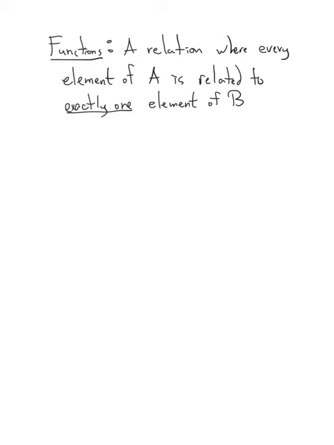So here's our example. We used R, we used S, let's call it T. So let A, again, be the natural numbers, and B be, you know what? Let's not make it the natural numbers. Let's make it the integers.